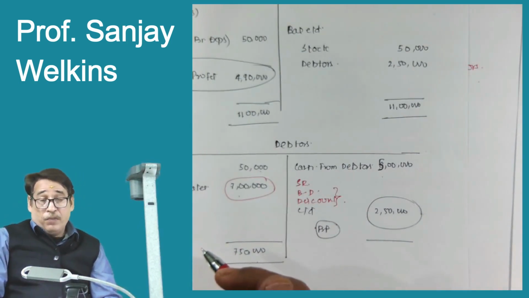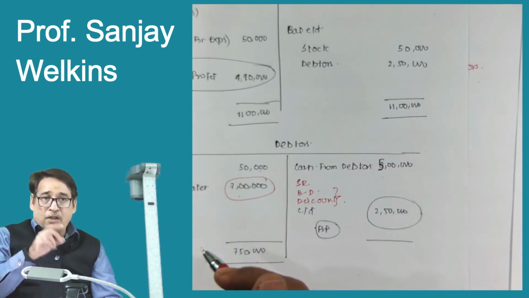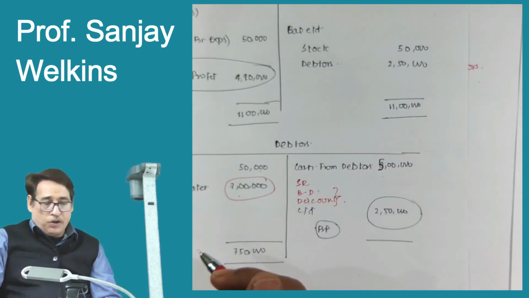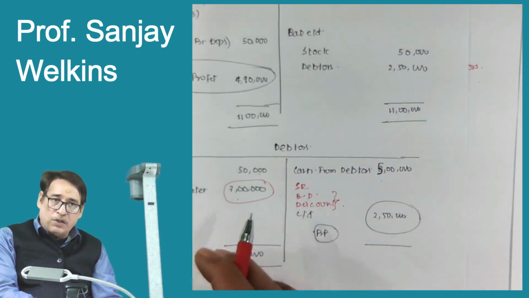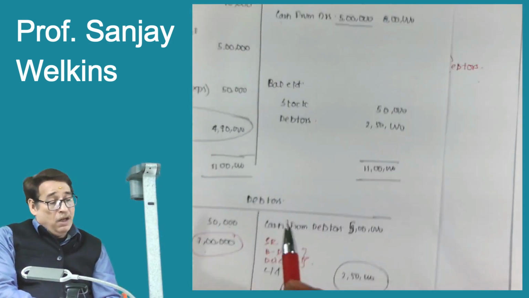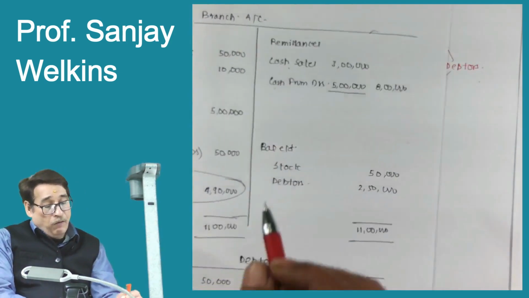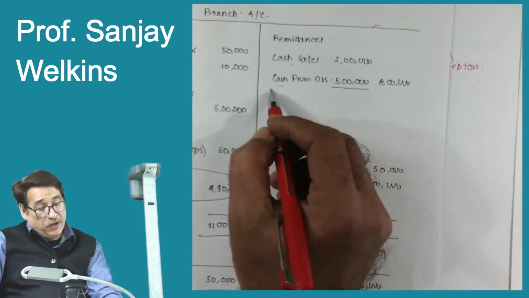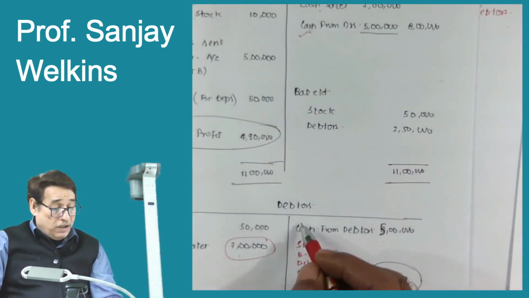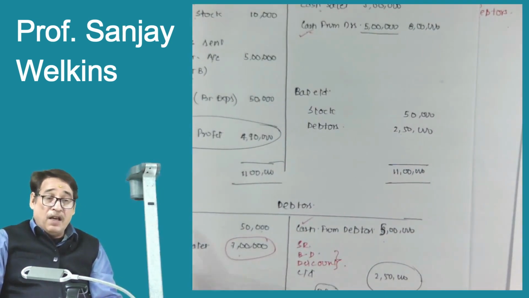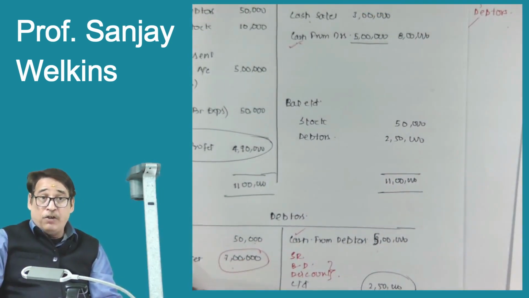But some among you might be tempted to ask me a question. Sir, if this is the situation, then why are we writing cash from debtors here and also here? Now this is a $1 billion question.